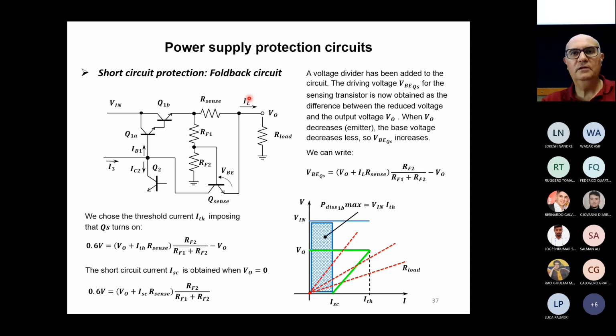But if we have a fold-back circuit, when we have a short circuit, the area will be this one, that is smaller. So we are able to protect in some way the transistor more than with the constant current. This means that when we design the system for managing short circuit, we can use a smaller heatsink and smaller transistors. So that's why it's important in good systems that they do this trick, okay?